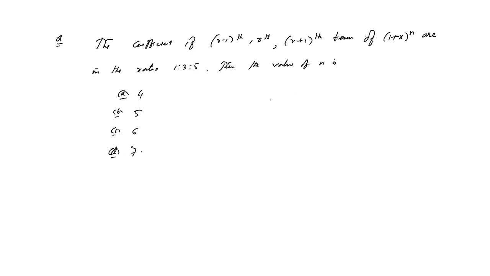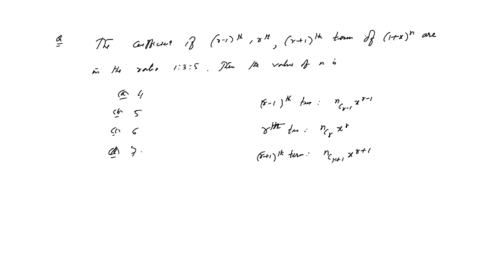In this expansion, the r minus 1th term is basically NC r minus 1 x to the power r minus 1, the rth term is basically NCr x to the power r, and the r plus 1th term is NC r plus 1 x to the power r plus 1.